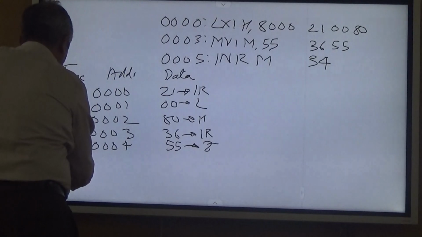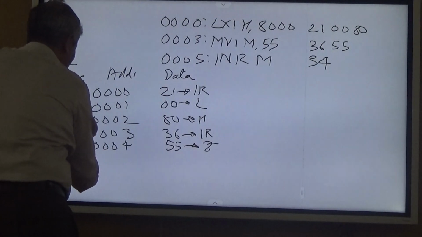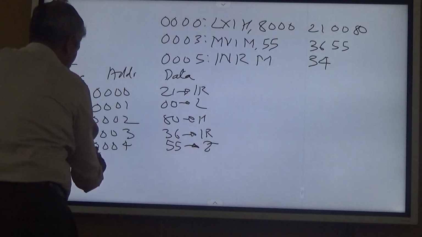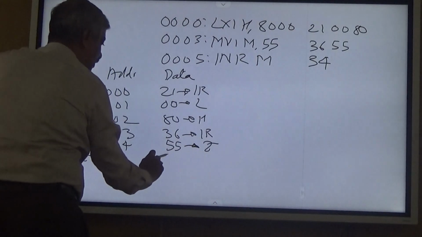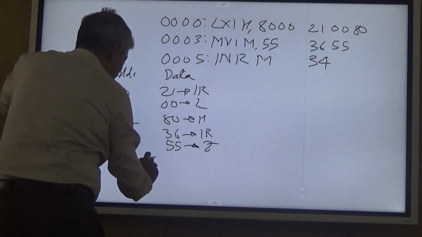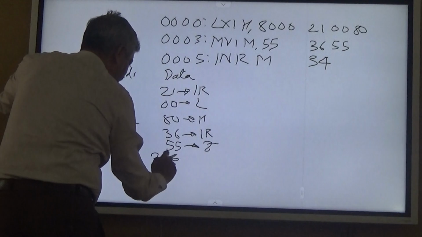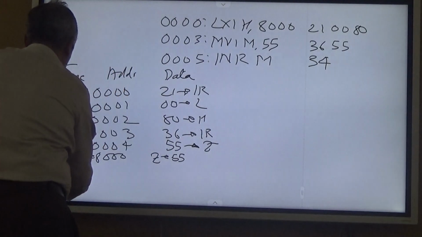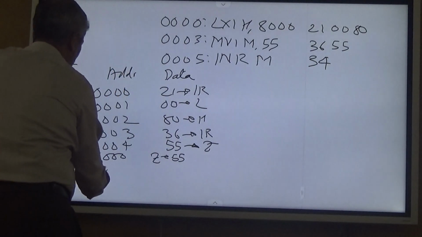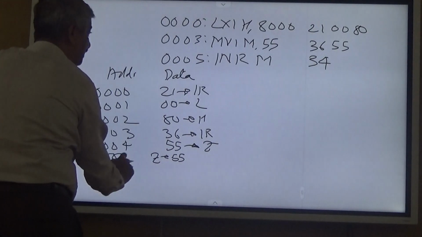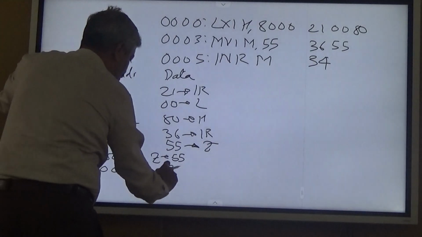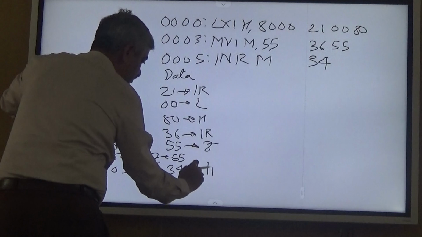Then write: who gives the address? HL gives the address, that is 8000. Who gives the data? Z gives the data. Then opcode fetch, 0005, 34. It goes to IR.